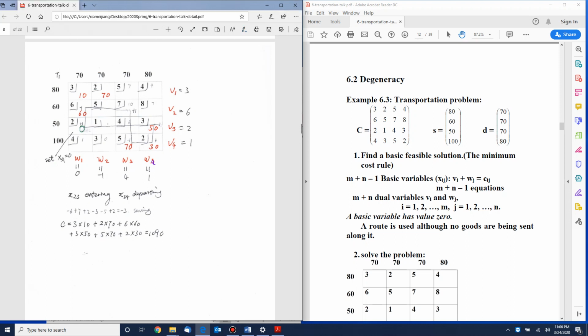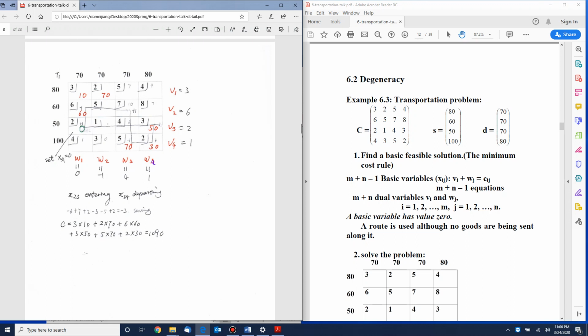So here we can set up a basic variable with 0 value. If, for example, here I set it up in the cell 3,1. So when I set up 3,1, I could connect with them. What I would do is, now you could see if I set up that x31 is a basic variable with 0 value, then this w1 appears 3 times more than others.